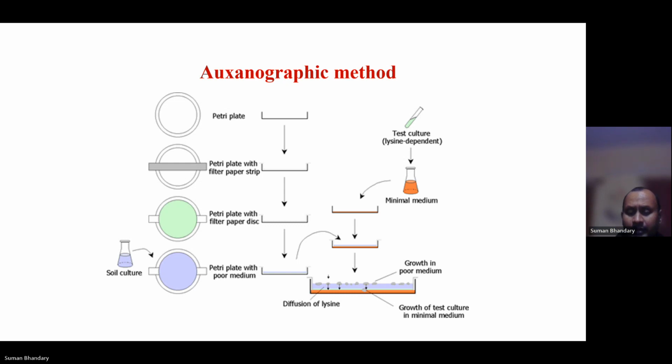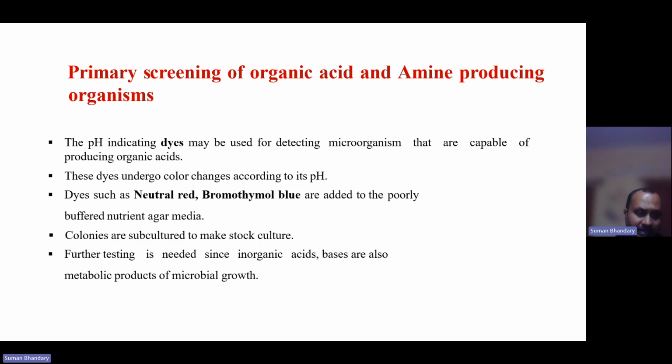Now, we will discuss the other techniques. Basically, this technique is known as the indicator dye technique, or sometimes we can call it the primary screening of organic acid and amine producing microorganisms.